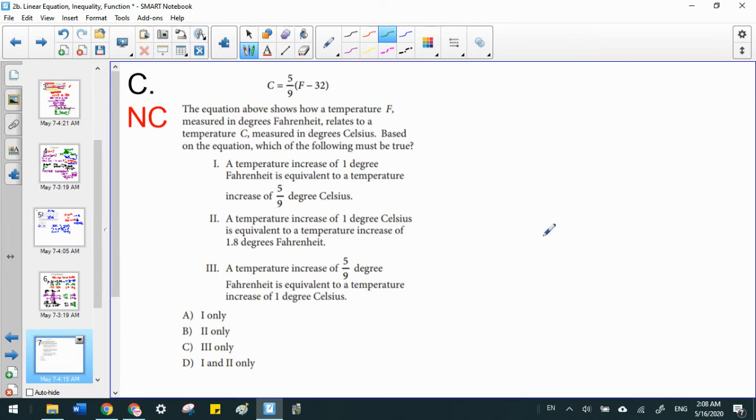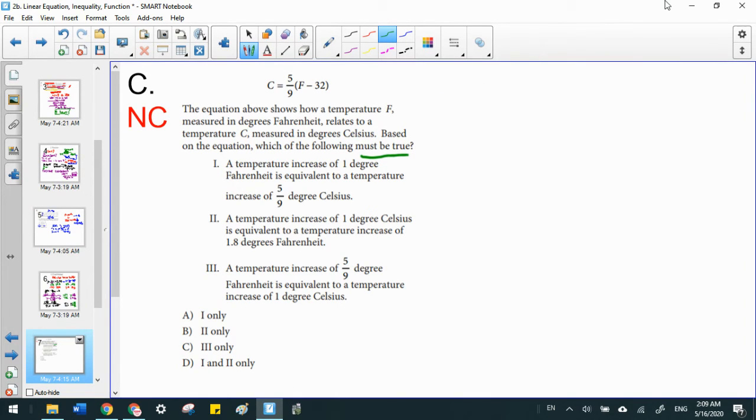Okay, so here we have this equation describing the relationship between Celsius and Fahrenheit, and they want us to know, based on these equations, which of the following must be true. And in this case, C obviously means Celsius, F obviously means Fahrenheit.